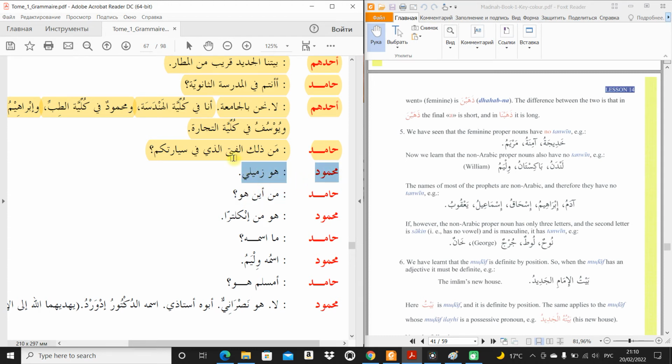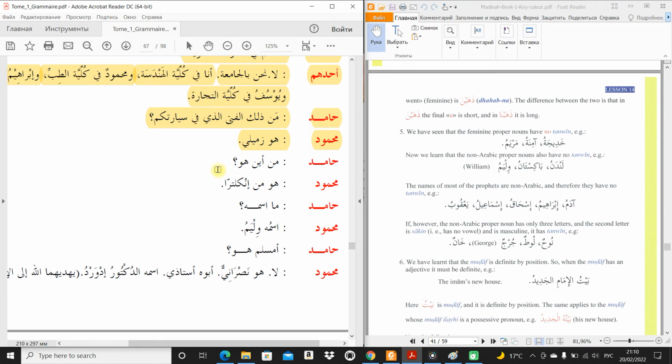That's how people pronounce it for making the speech flow, to make it easier. Because if I were to say من ذلك الفتى الذي في سيارتكم, or I just can simply say من ذلك الفتى الذي في سيارتكم. That's easier to say.